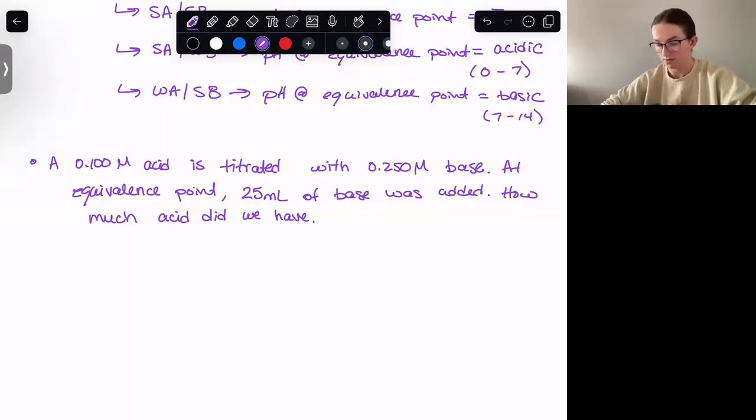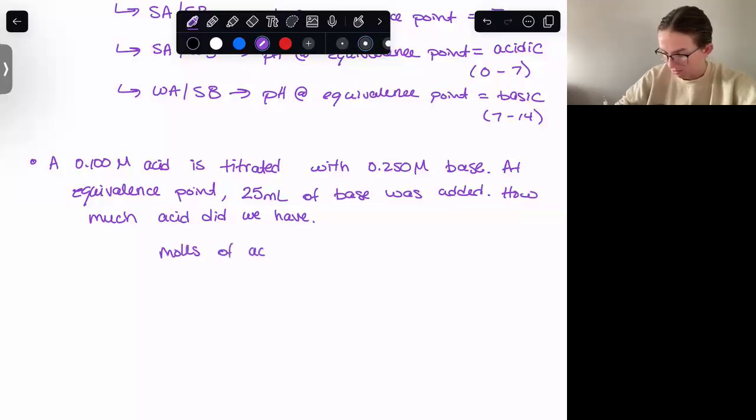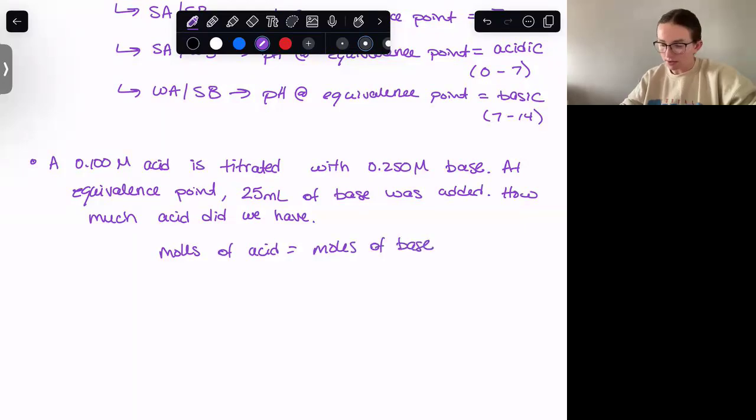Any ideas? Okay, if there's no ideas, so one thing that we need to know is that, right, moles of acid equals moles of base. In order to get moles, we're given concentration of acid.